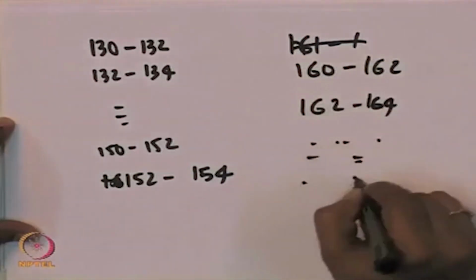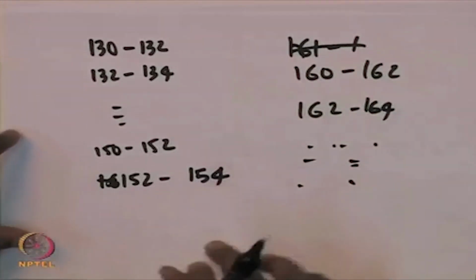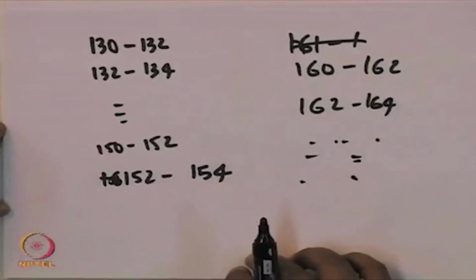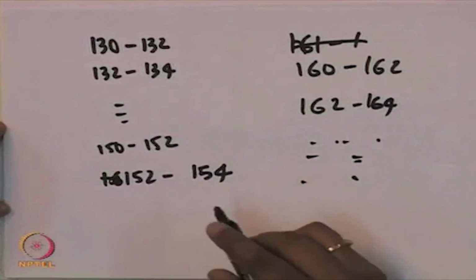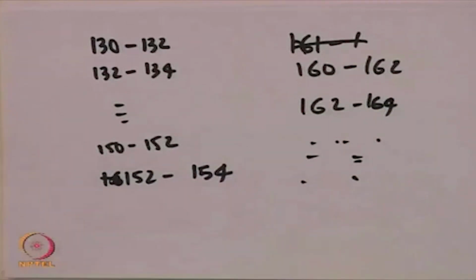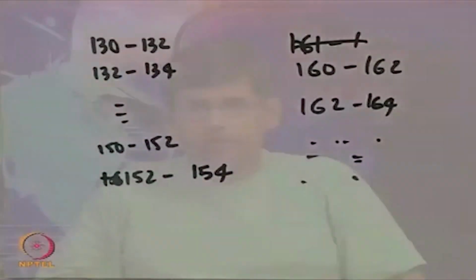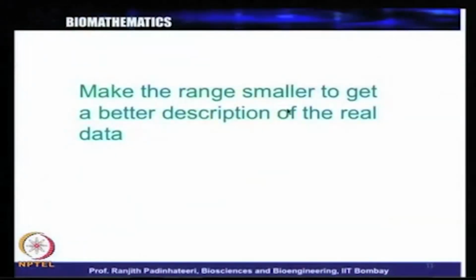Like this you can take an interval of 2. Then you can make the interval smaller and smaller, and that will be a better description of the data. Essentially you can make the range smaller to get a better description of the real data.